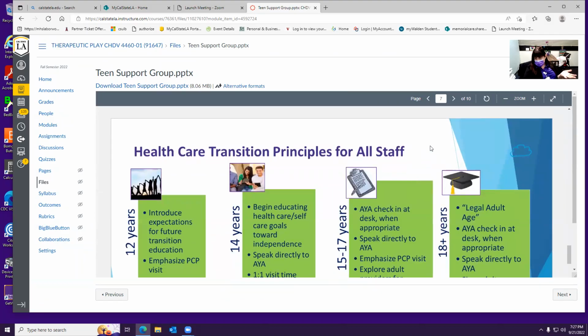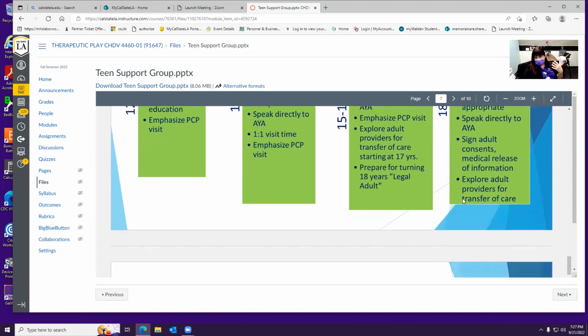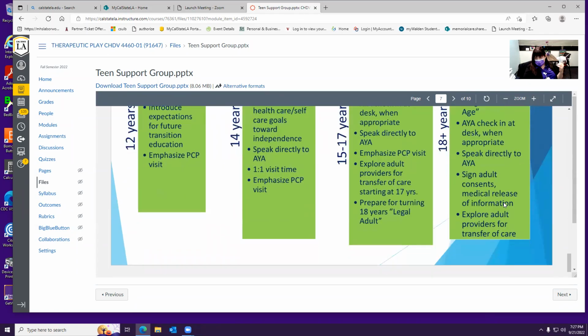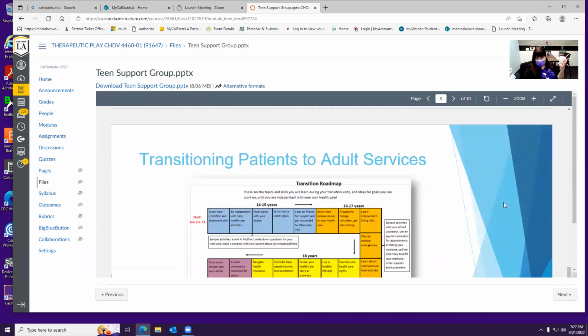We've also done transition of care principles, and it starts young when kiddos begin to go into puberty, and we have to make sure that they understand everything about their diagnosis and how to call in for follow-up appointments, and how to pick up their meds from the pharmacy and so forth.